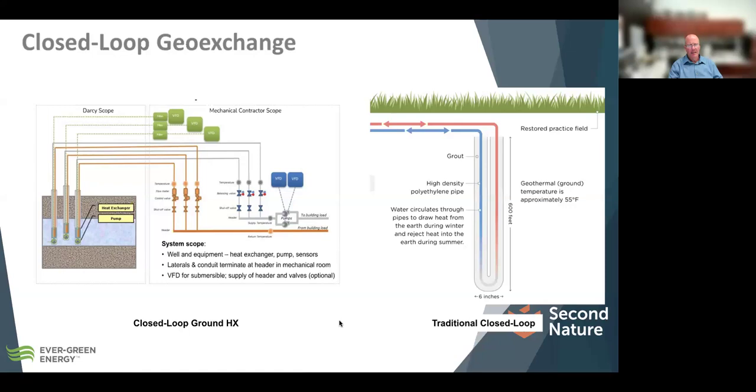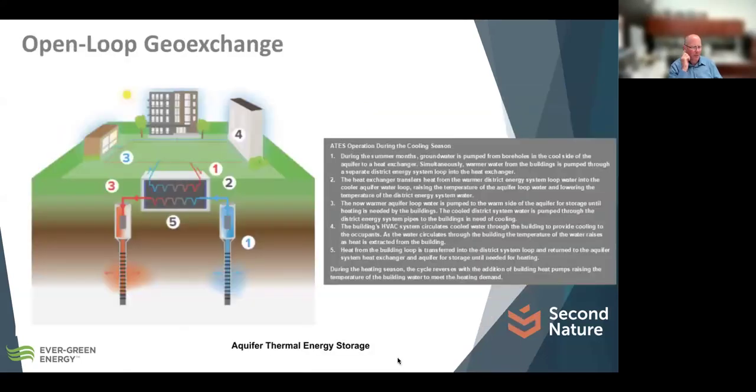But if this technology emerges as expected, it's a much more efficient means of transferring energy from the aquifer up to buildings and then back into the aquifer water in the winter or in the summer, and that can become or require a much smaller footprint than does a traditional closed loop geothermal bore field. And we're seeing several of those being developed in the upper Midwest at the moment.